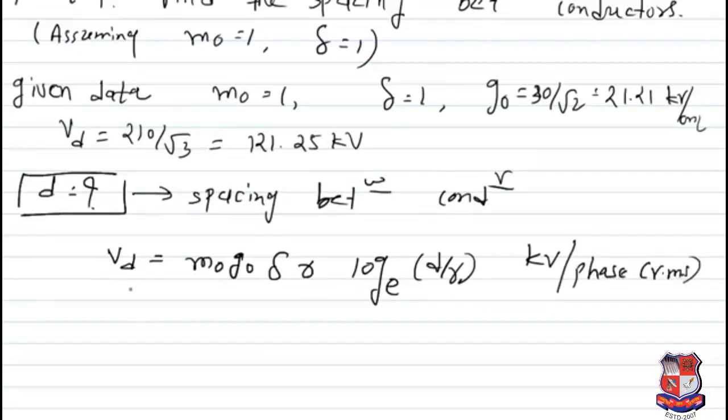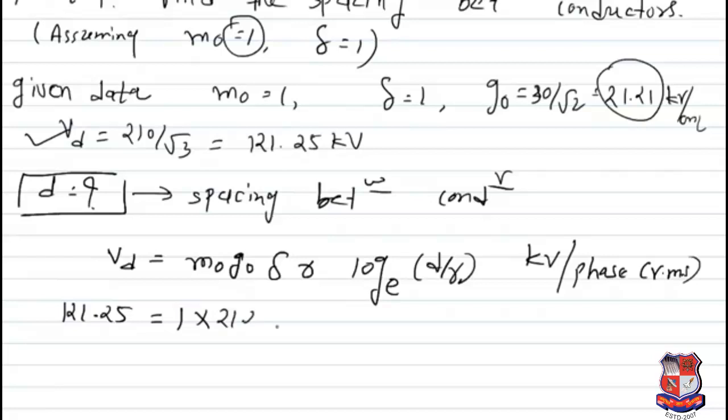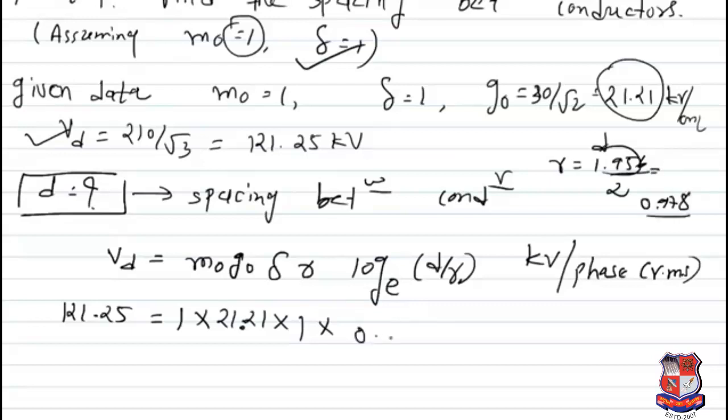Now we'll put Vd: this is the Vd, and that answer is 121.25, equal to m0. What is the m0? M0 is 1, so putting 1. G0 is 21.21. Multiply delta, the density is 1. Then R, what is the R? R is also given. R equal to 1.956 by 2, where this is the diameter. So answer is 0.978. So I will put here 0.978.